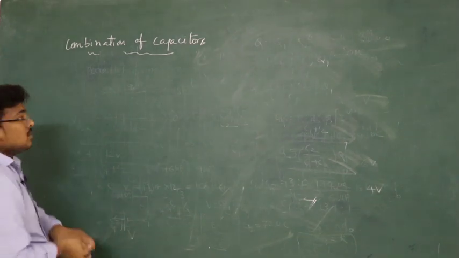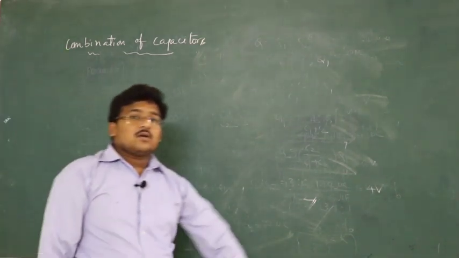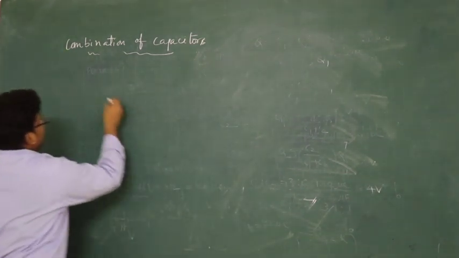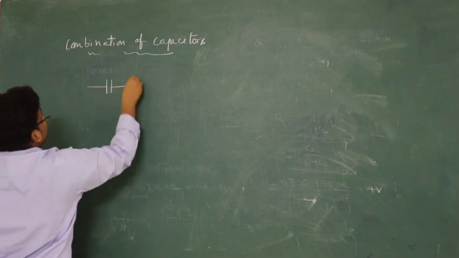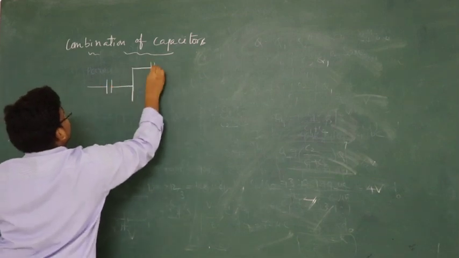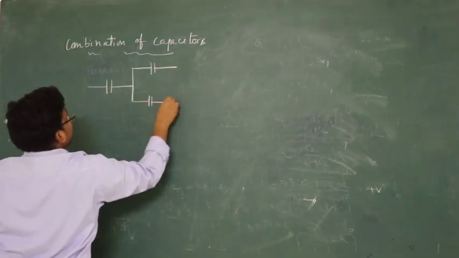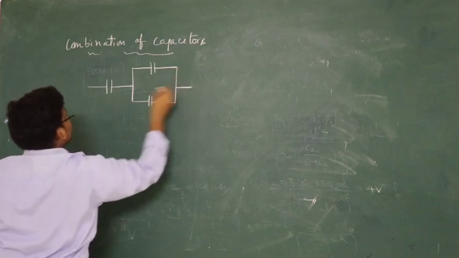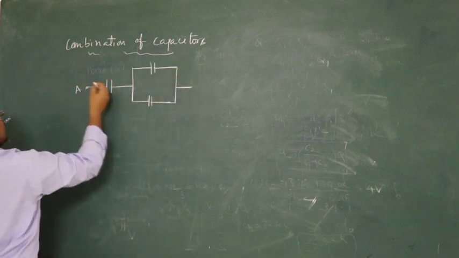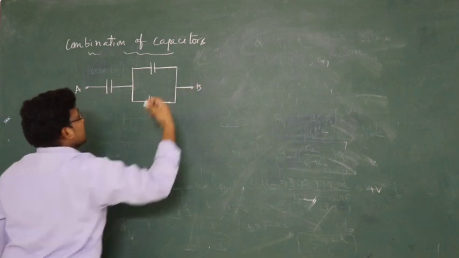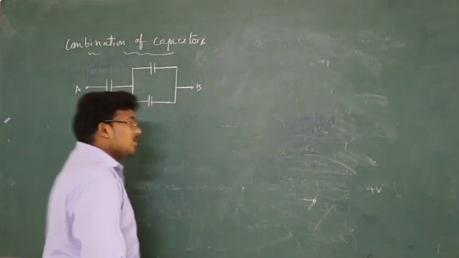So let me take a circuit like this. This is A, this is B. How many capacitors do we have? 3.